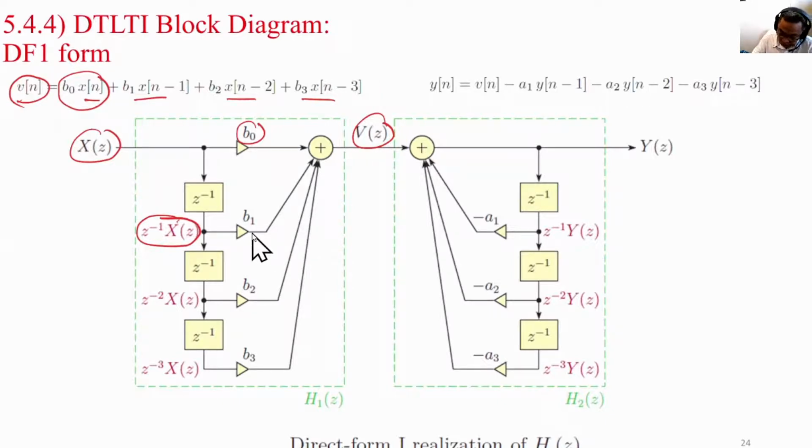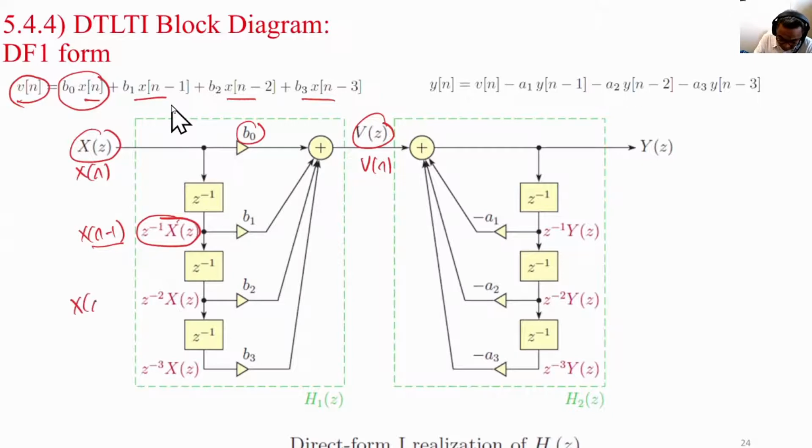If we want to redraw it, actually I can redraw this in the time domain representation. This is x of n, this is v of n, this is x of n minus 1, and x of n minus 1 will be multiplied with b1. So this is the equation above, b1 times x of n minus 1. Then what about here?